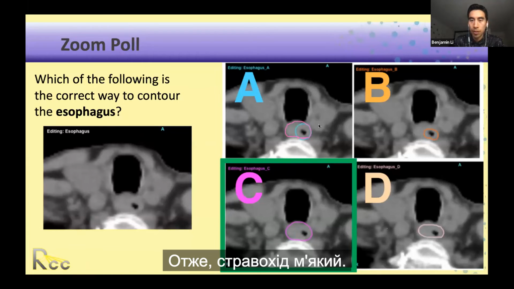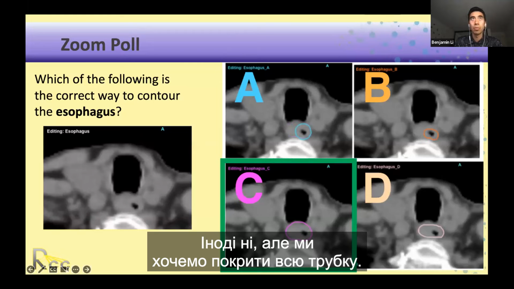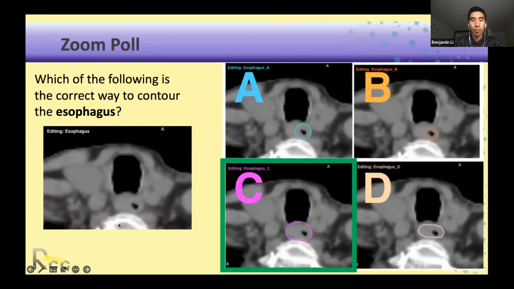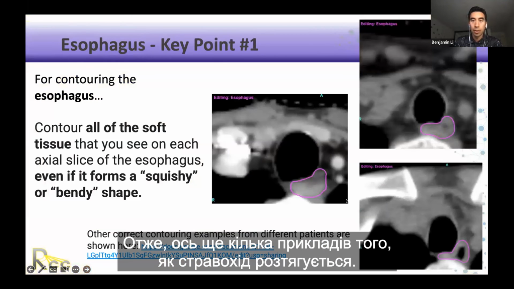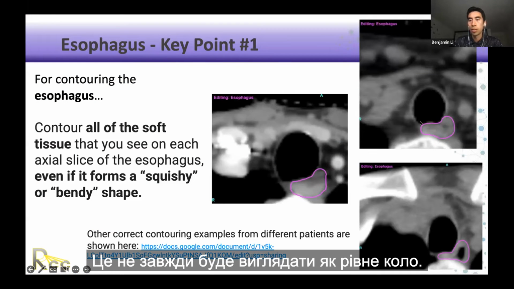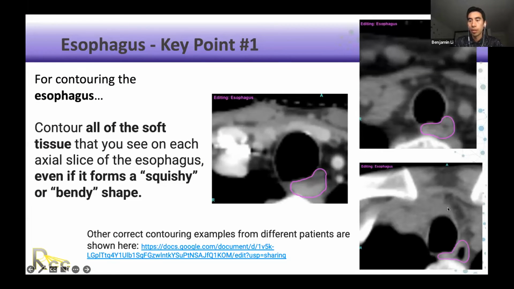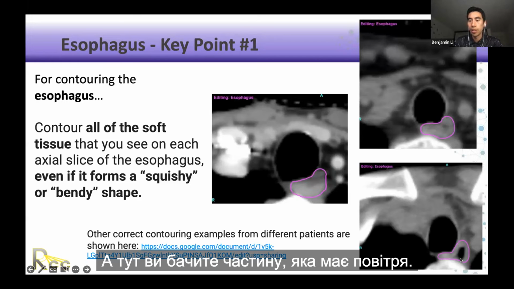So the esophagus is squishy. It's a squishy tube. Sometimes you can see air through the tube, sometimes you can't, but we want to cover the whole tube. So here's some other examples of how the esophagus is squishy. It's not always going to look like a smooth circle. And here you can see a part that has air.